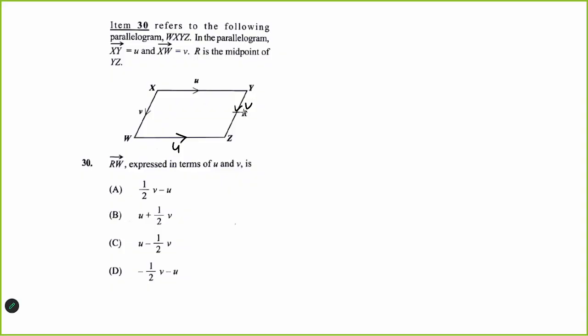But we know R is the midpoint, so we know that YR is a half of V, and then RZ will also be a half of V because it's in the middle of that vector V. Right? Express RW. So you're going from here to here and then here to here.